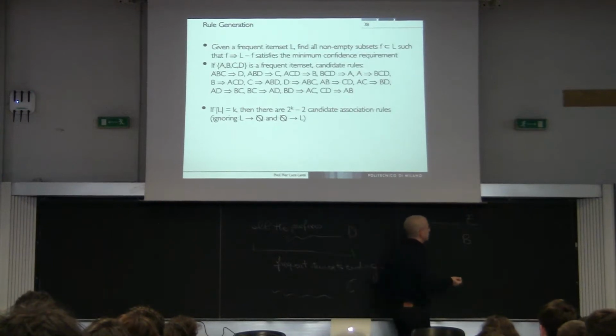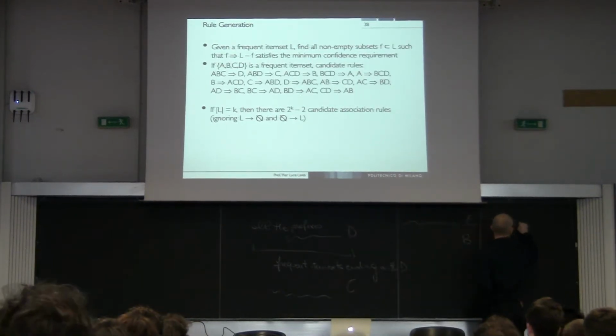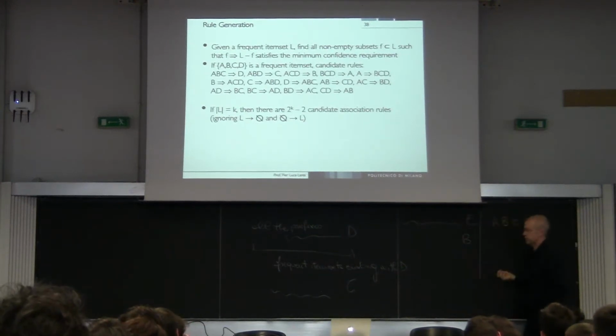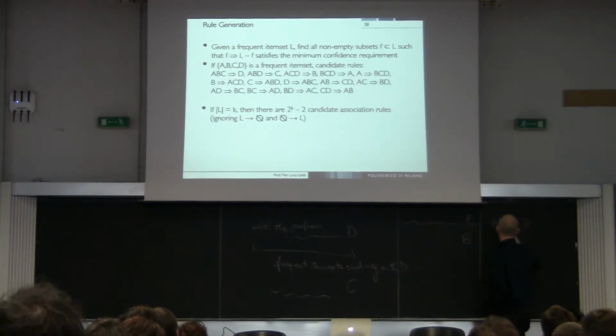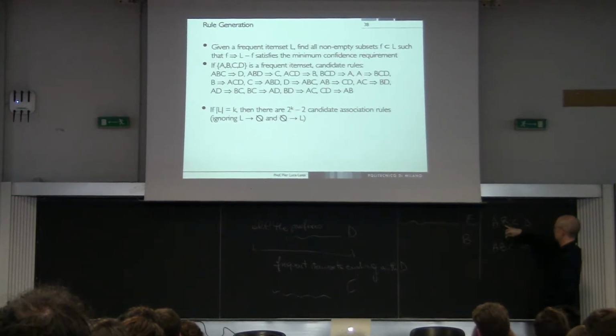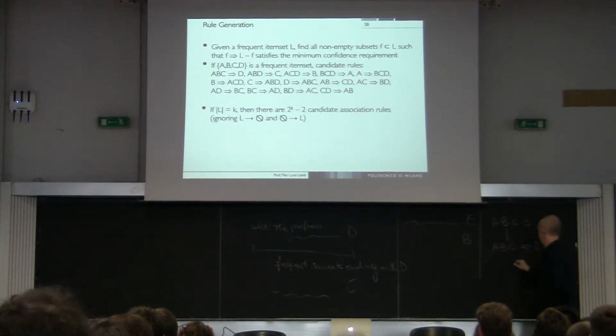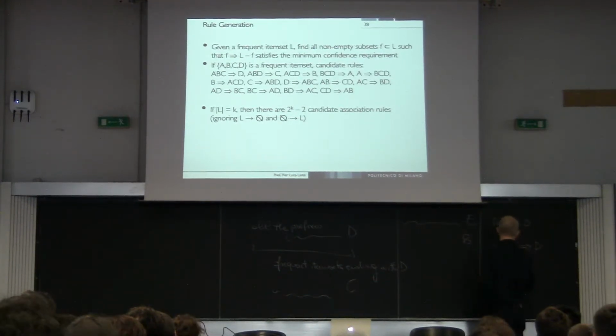From A, B, C, D, we can generate several rules, right? This one is frequent, so I'm okay, and so I can start generating all the possible rules from here. Well, there is a standard rule that is basically this arrow empty, which we're not interested in, and empty arrow this, which I'm not interested in, but then there are all the other ones.